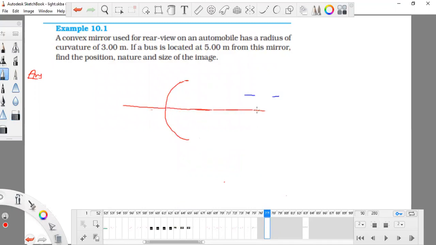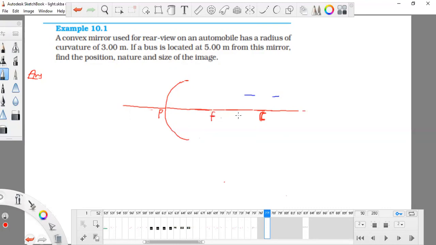I'm drawing a convex mirror, and I know the pole of the convex mirror is present here. The center of curvature C of the convex mirror is here. It is just an imaginary thing, and I'm not using any exact numerical values. And F, this is my F.